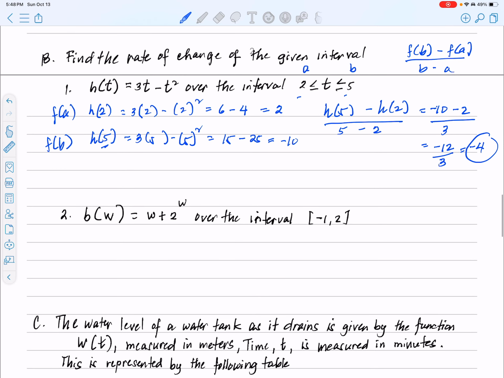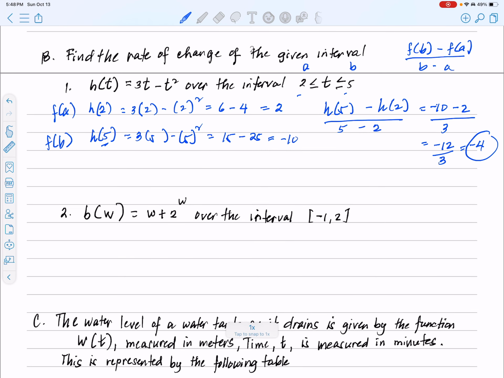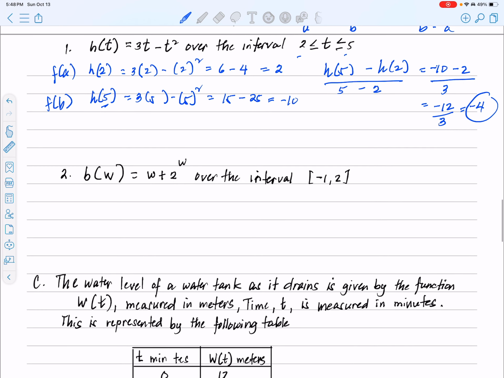B of W equals W plus 2 to the power of W over the interval of negative 1, 2. I could start with the B of negative 1. Substitute it into the function itself. That is negative 1 plus 2 to the power of negative 1.